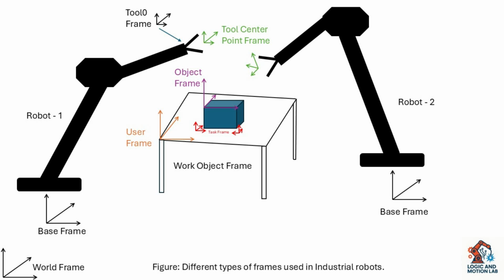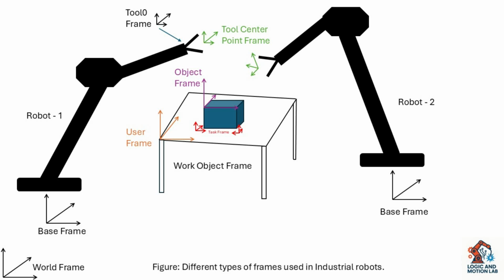There is one more frame, called the task frame. The task frame is where the robot will work. There can be a question: the task frame and the user frame look similar, because the user frame is also saying where the work area is, and the task frame is also saying where the work area is.